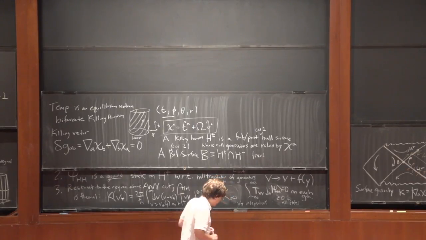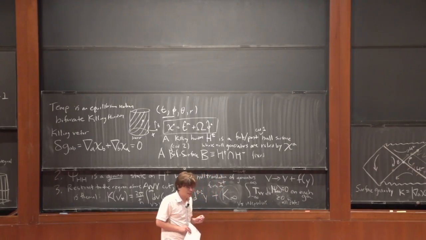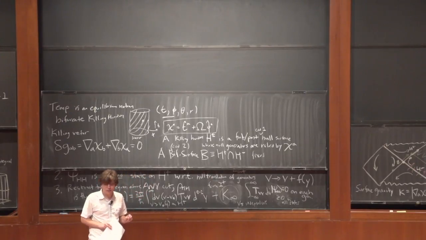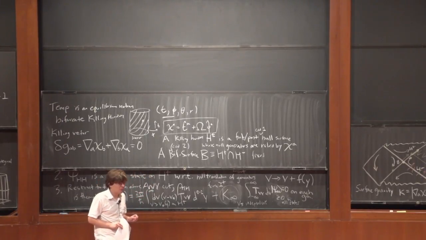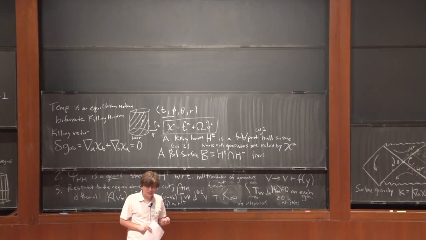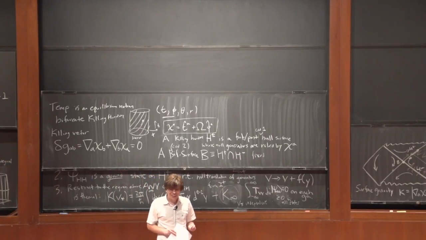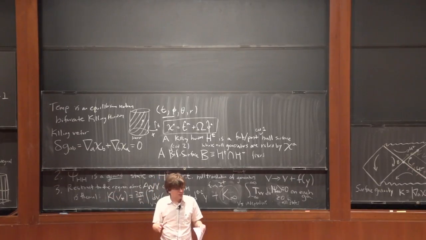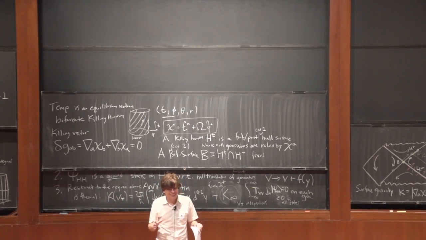However, it's not really a problem with the horizon itself because the Killing vector only goes space-like when you get far enough away from the black hole. So if, for example, you imagine putting the black hole in some kind of box, which could be in AdS space-time, and the box is close enough to the horizon that the Killing vector doesn't become space-like, you've still got a Hartle-Hawking state even for Kerr.